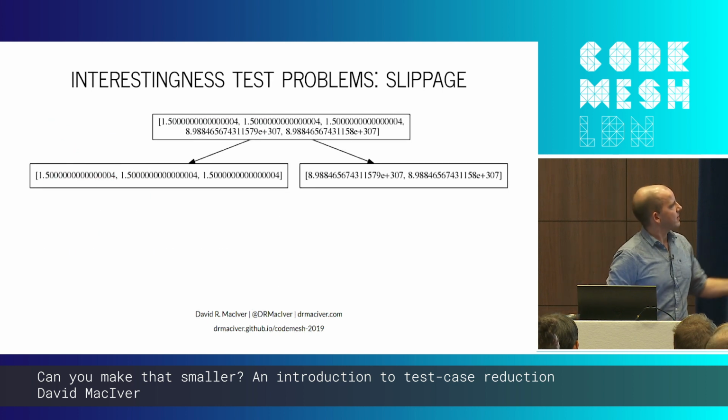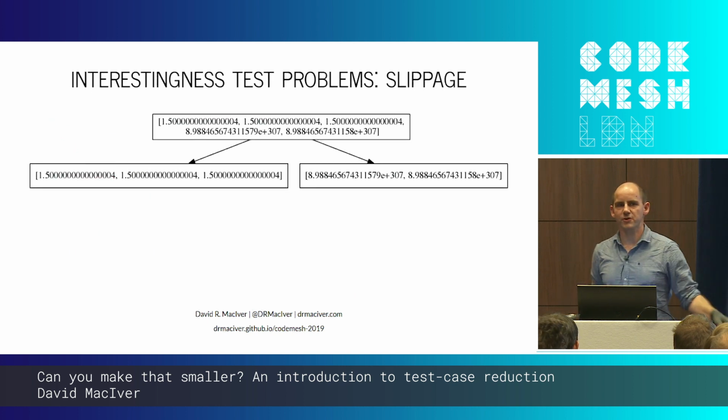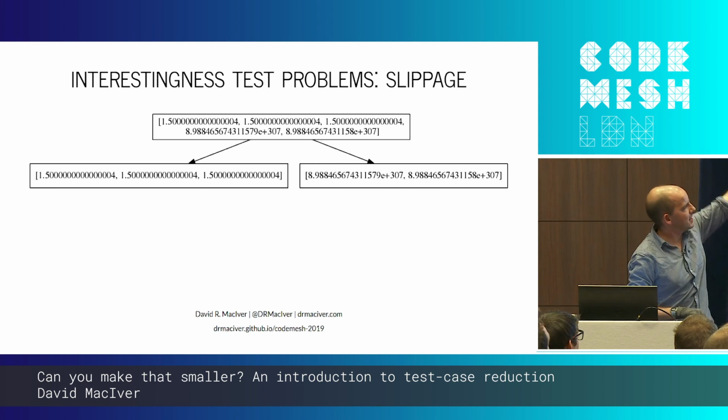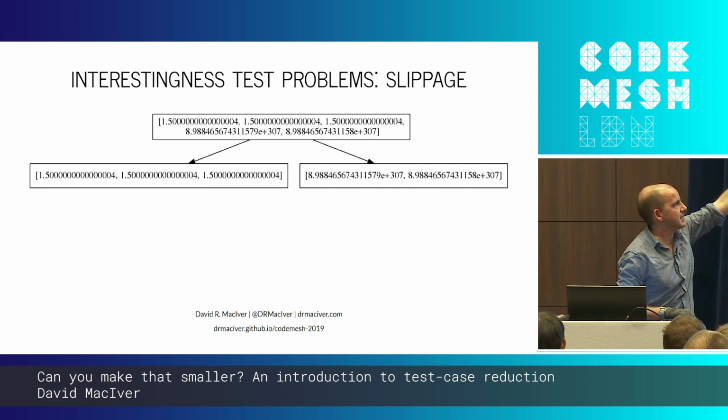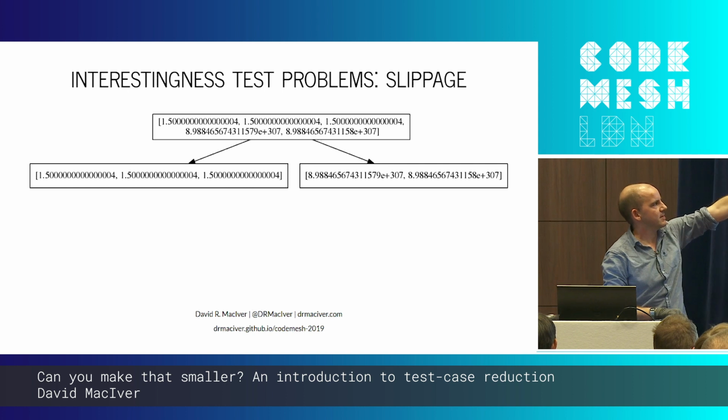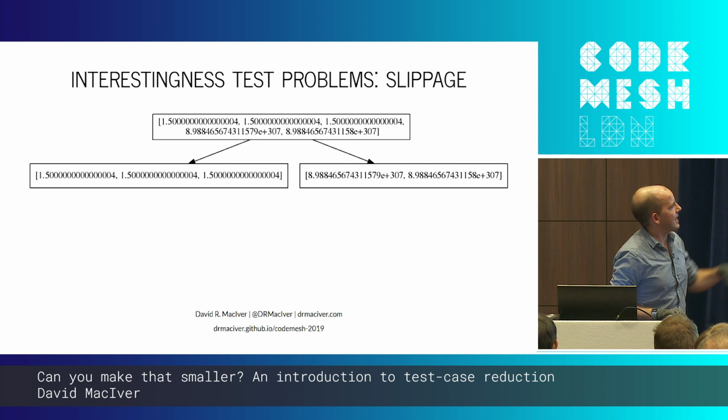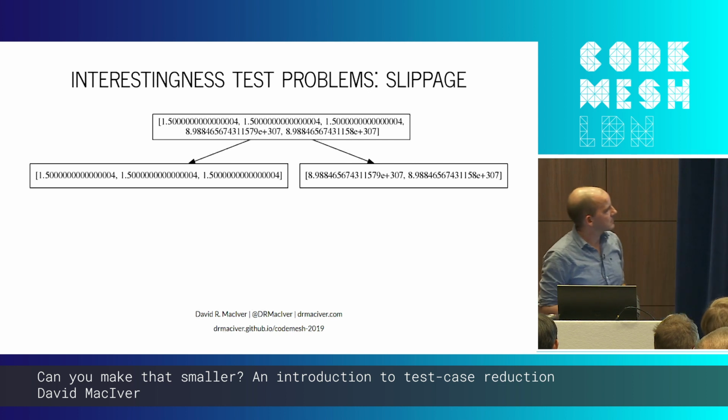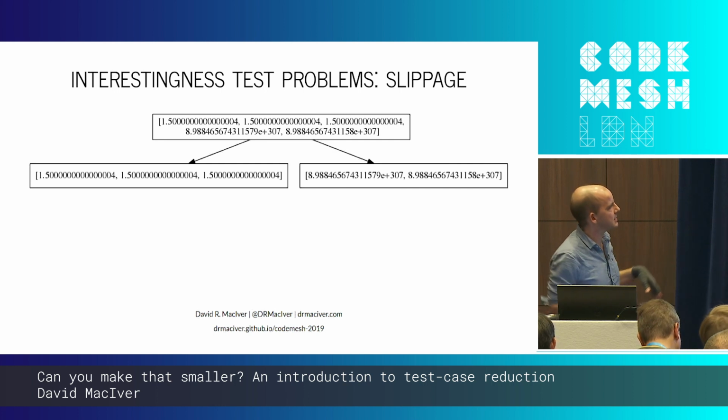But if we'd started from, sorry, this is really not readable on this projector. If we'd started from this combined example, which was the two examples concatenated together, so it's a 5-element list with our 1.5 blah 3 times and our 8.988 E307 2 times, then when we do reduction on here, we proceed by just cutting bits out of the list.